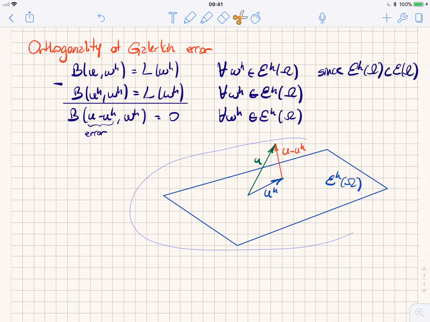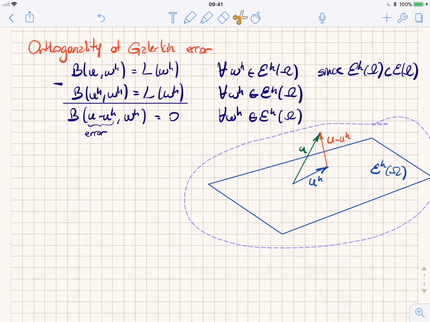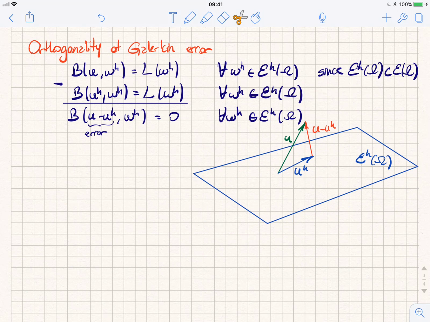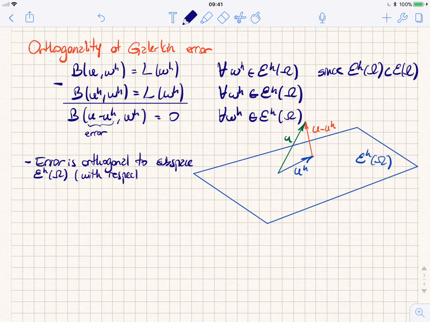I'll put this somewhere else. Error is orthogonal to subspace, and this is of course with respect to the bilinear form.